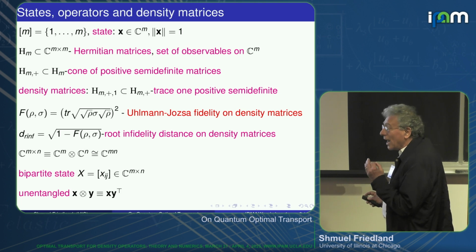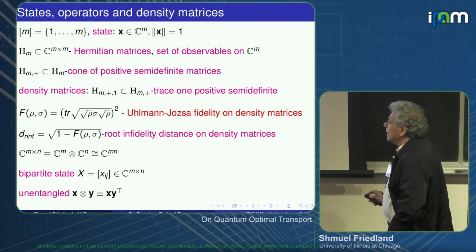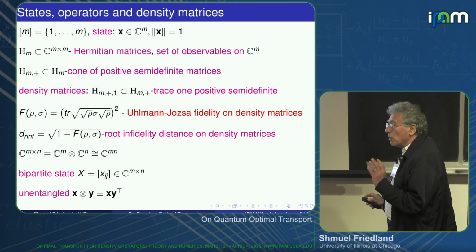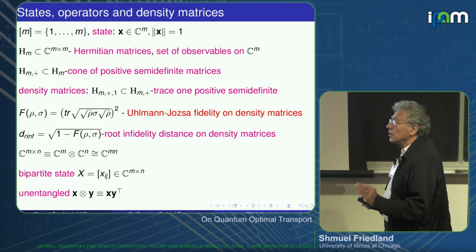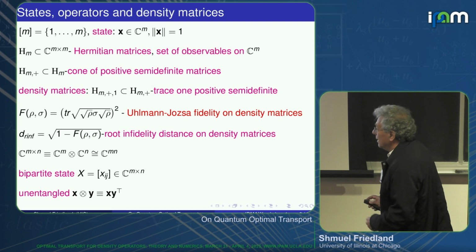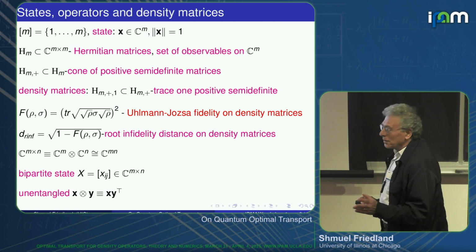So this is the analog of the probability space, but it's non-commutative. And then if you take F(rho, sigma) defined like that, remember, if A is a positive semi-definite matrix, there is a unique matrix which is the square root of it. If you never saw it, don't worry about it.